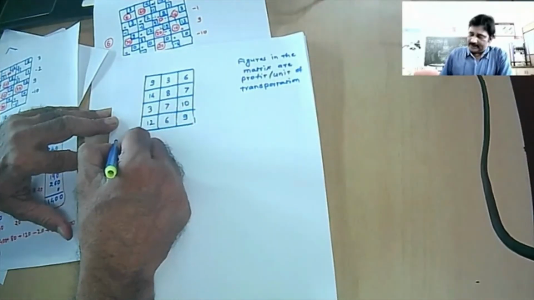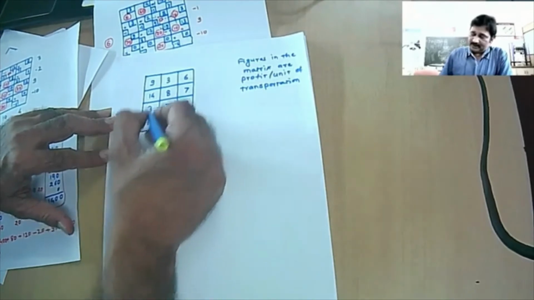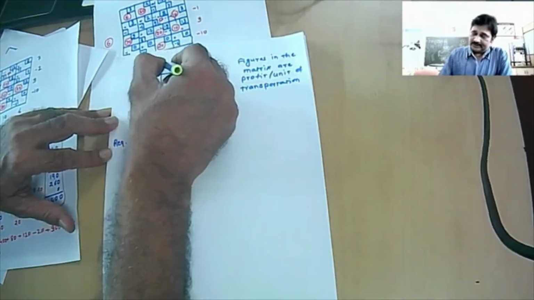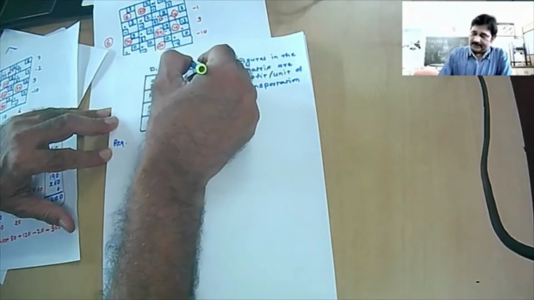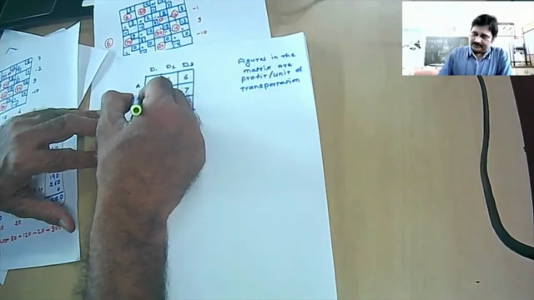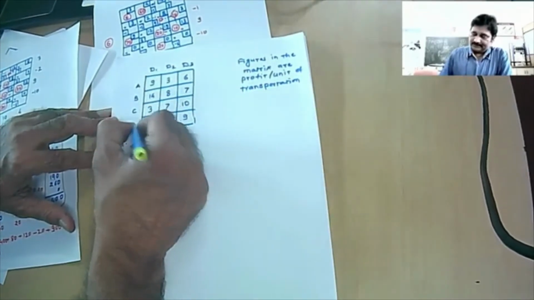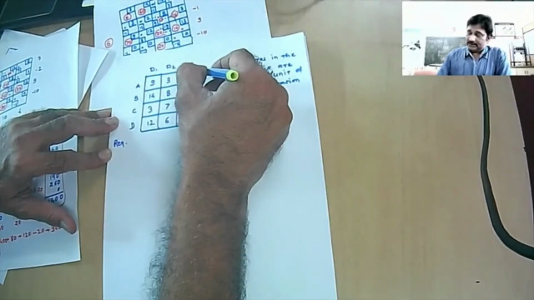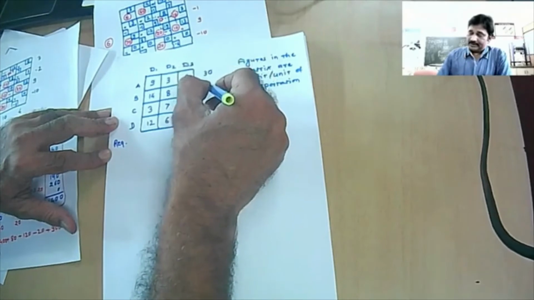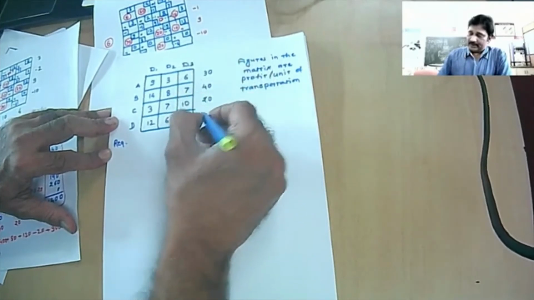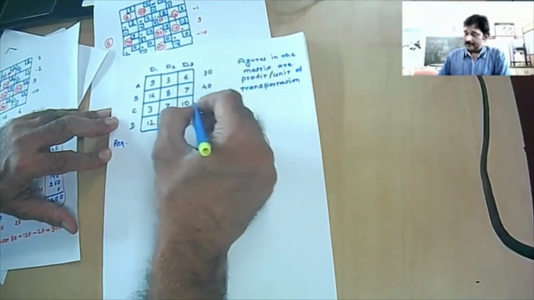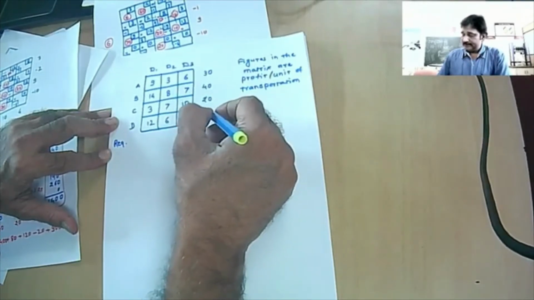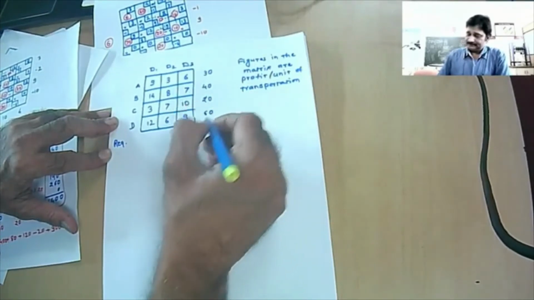Okay, the requirement of destination. Okay, here you write D1, D2, D3, and these are say A, B, C, D. Okay, and these are say 30, 40, 20, and say 60.